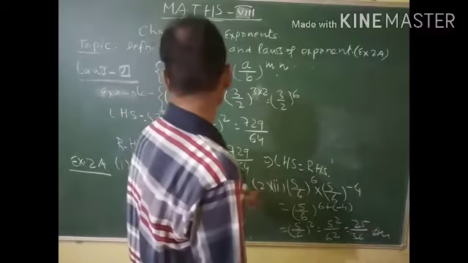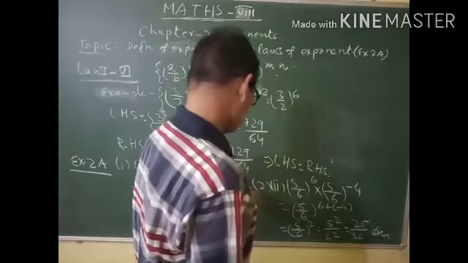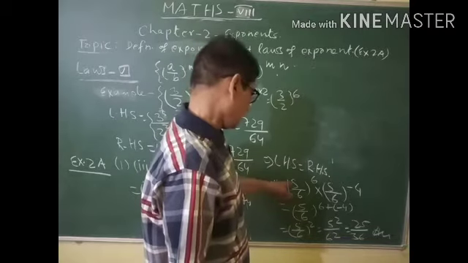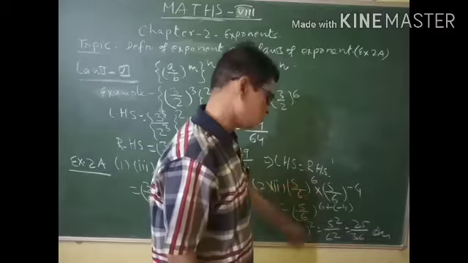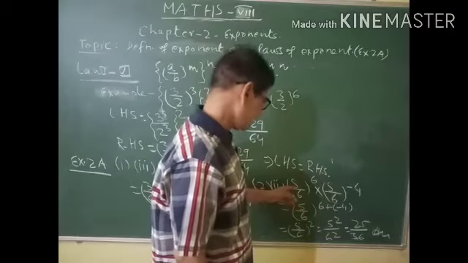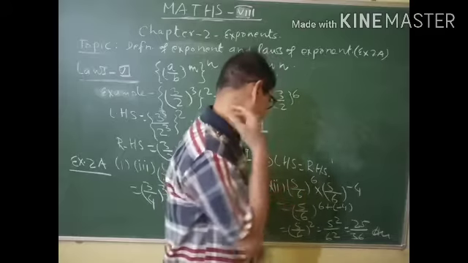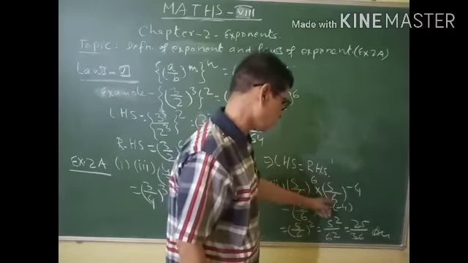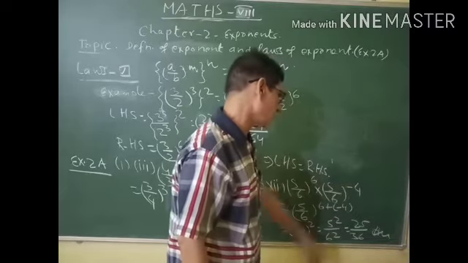Second question. You have to find out the value of this expression. This is in the form of product. 5 by 6 to the power 6 into 5 by 6 to the power minus 4.